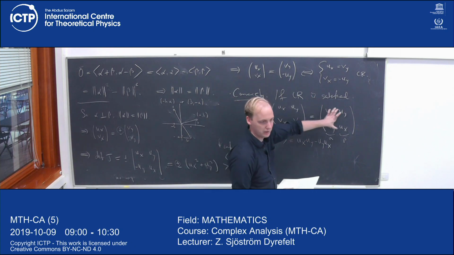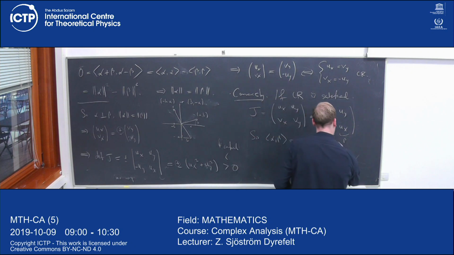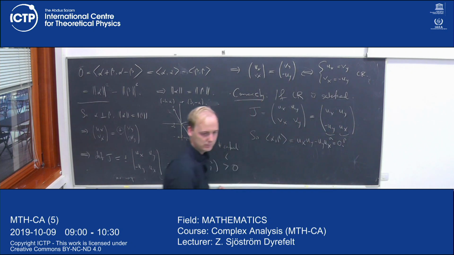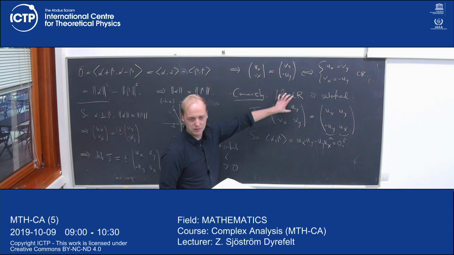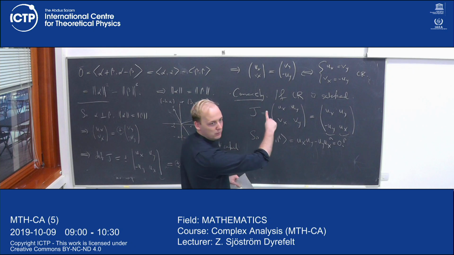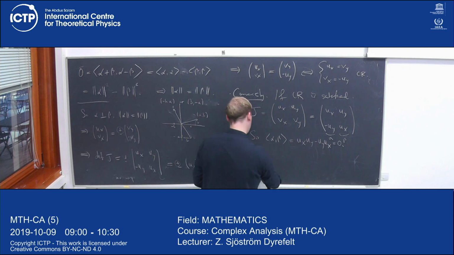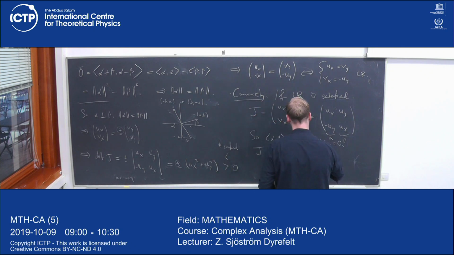Now I'm taking the scalar product of this vector with this vector, and this is equal to 0. So the scalar product of the column vectors in this matrix is 0. And if you remember, what does this mean? This is what we call an orthogonal matrix. So J is an orthogonal matrix.